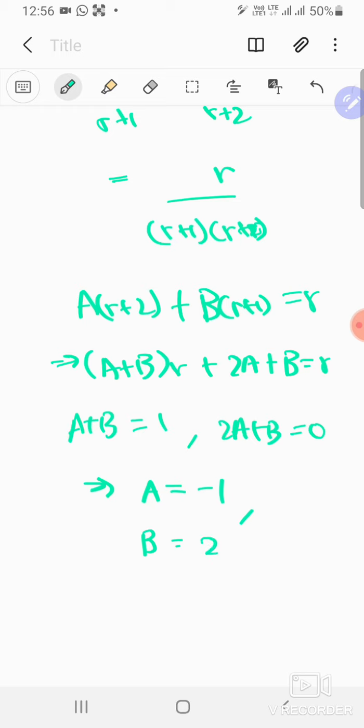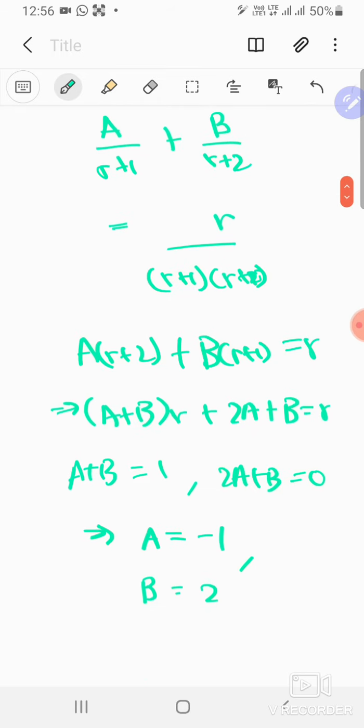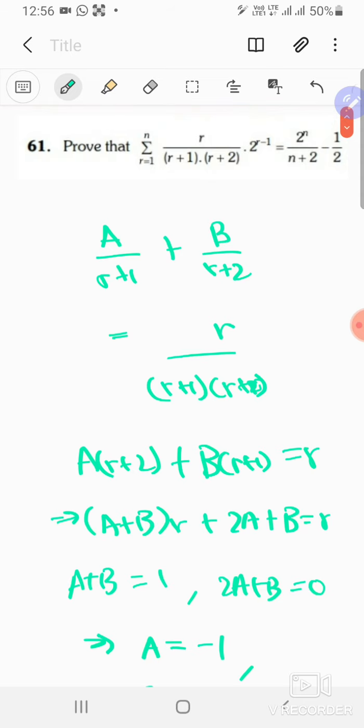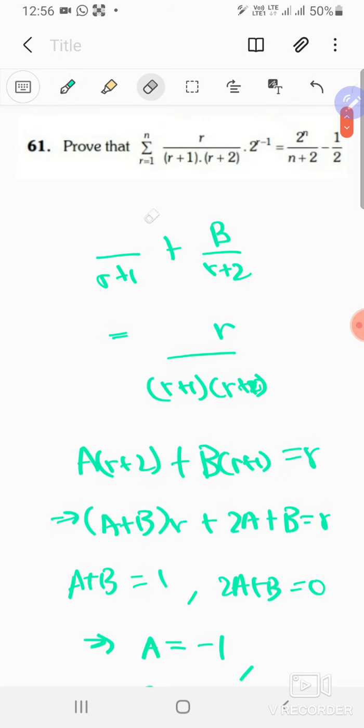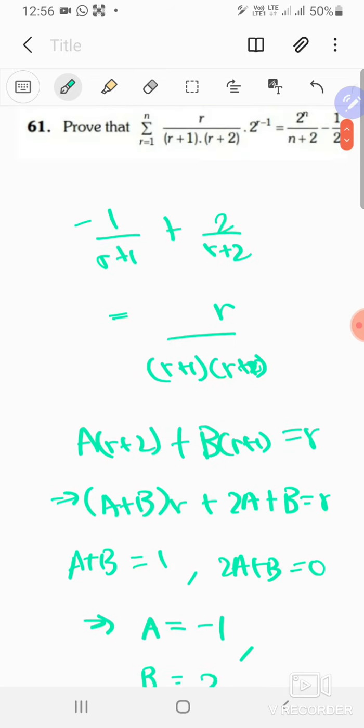Wait, what? 2? Okay, fine. So b has to be 2 and a has to be negative 1. If I write 2 over there, let's just see what happens. So there you go, I can write it as negative of 1 upon (r plus 1) plus 2 upon (r plus 2), and let's just see what happens if I write it like that.